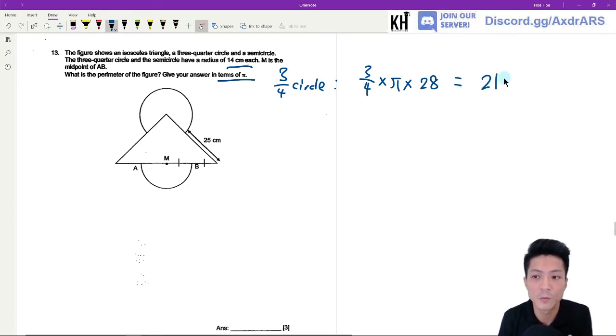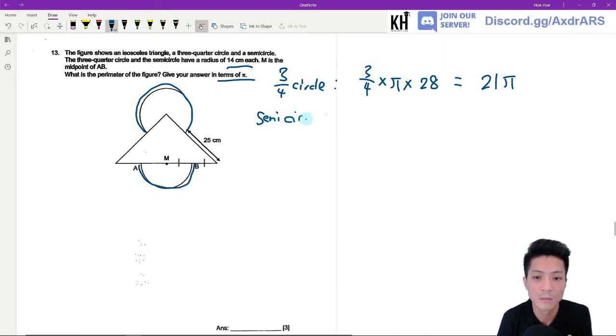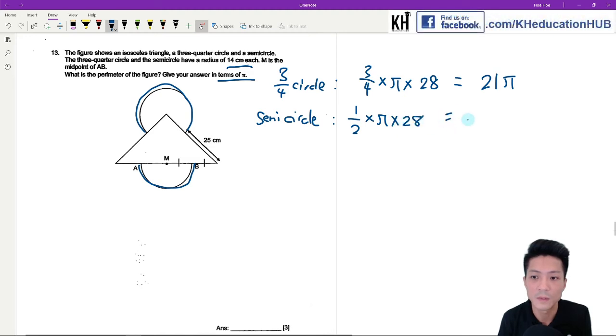This is going to give me 21 pi. Next, okay, so I've already covered this part here. Next, I'm going to cover the semicircle. The semicircle will be half times pi times 28. That will give me 14 pi.